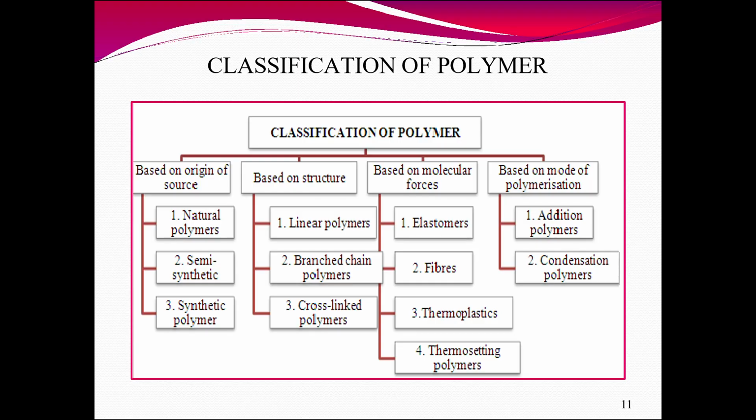Based on the structure, it can be classified into linear polymer, branched chain polymer, and cross-linked polymers. Based on the molecular force, it can be classified into elastomers, fibers, thermoplastics, and thermosetting polymers. And based on the mode of polymerization, the polymers are classified into two: addition polymers and condensation polymers.